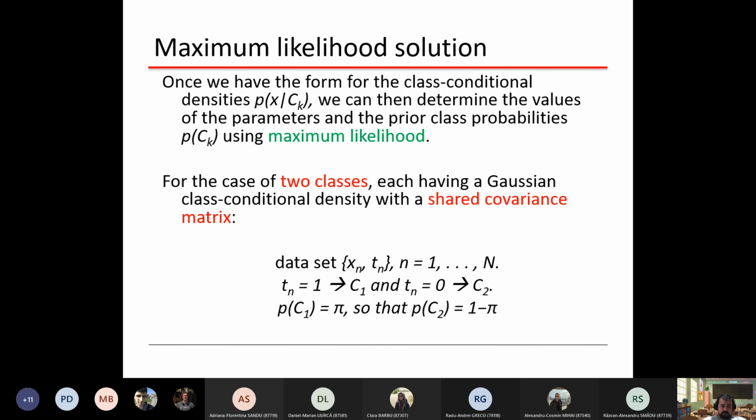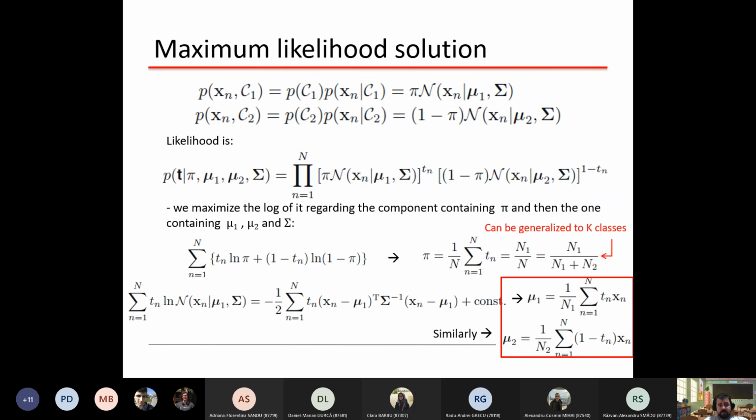The data set will comprise x_n and t_n, with t_n equal to 1 for class C1 and 0 for class C2. We have P of C1 is pi, the probability of being in class C1. The probability of being in class C2 is 1 minus pi, because the two classes should add up to 1.